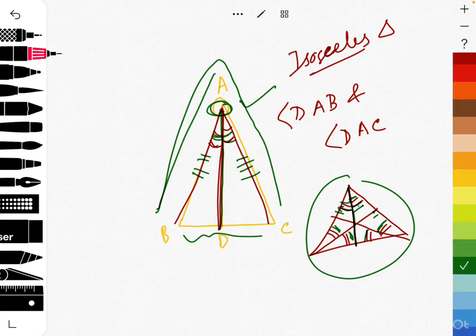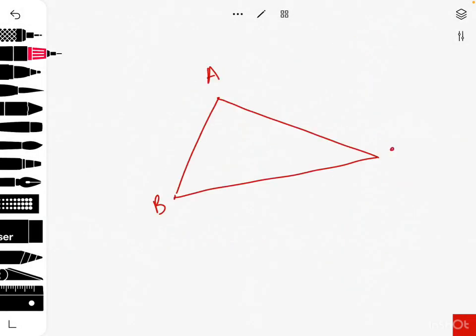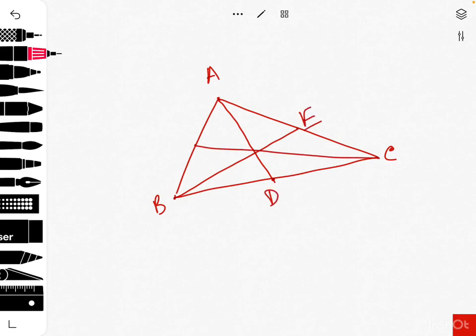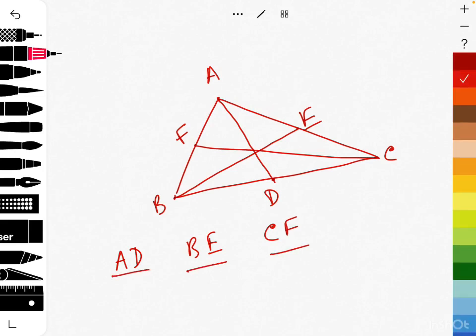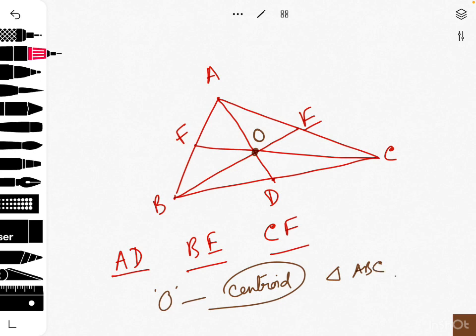Now one more piece of information. Suppose we are drawing a triangle ABC and its medians. Here AD, BE and CF are the three medians of triangle ABC. The intersecting point of these three medians will be called the centroid of this triangle ABC, or center of gravity.